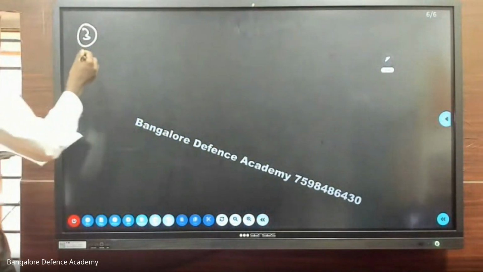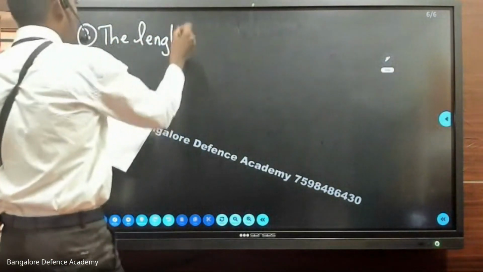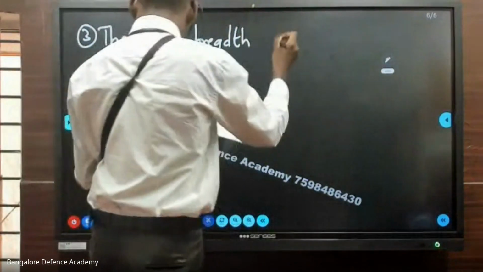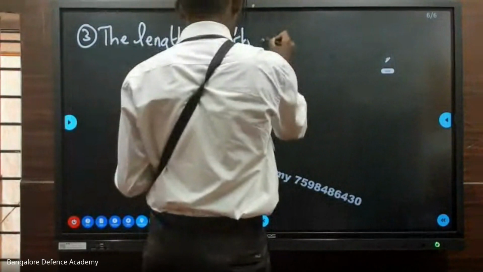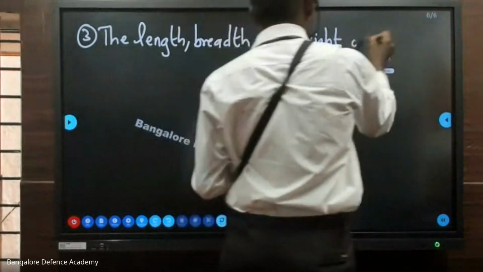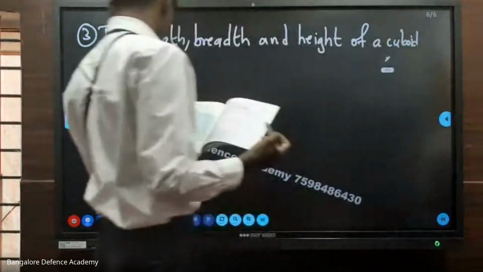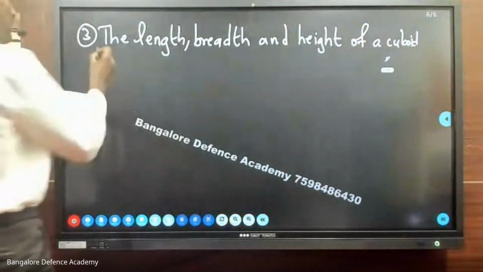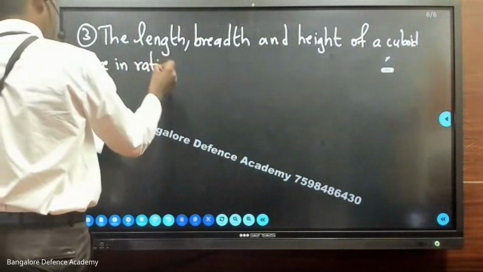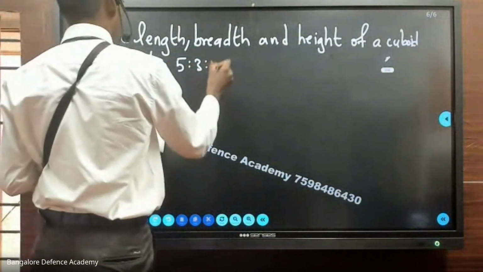Question. The length, breadth and height of a cuboid are in ratio 5:3:2.